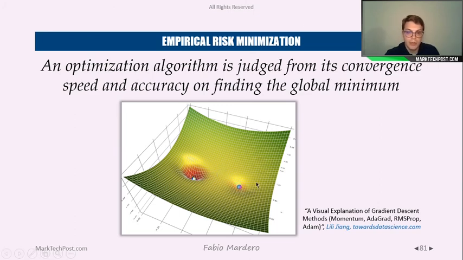So again, here you can see that these algorithms are very bad because the balls stop at a local minimum, but also the algorithm that is used with this green and white ball are also bad. Why? Because yes, they bring the ball to the global minimum, but they are very slow, so the convergence speed is very low here.